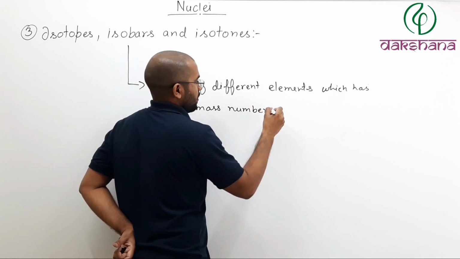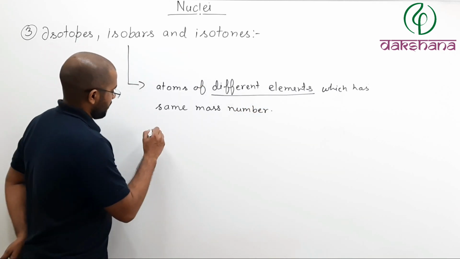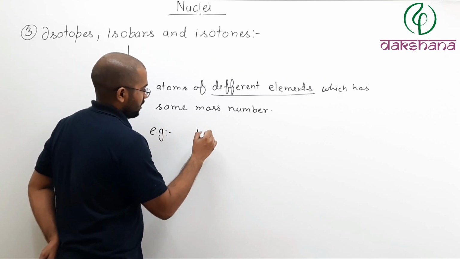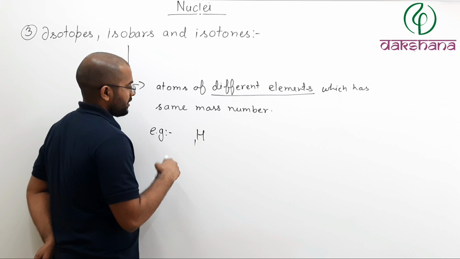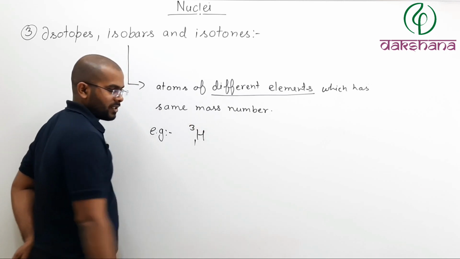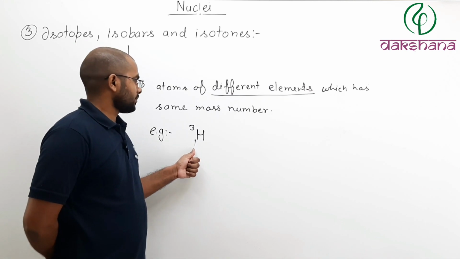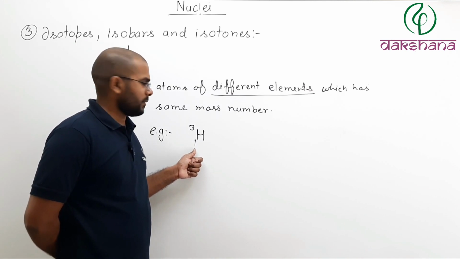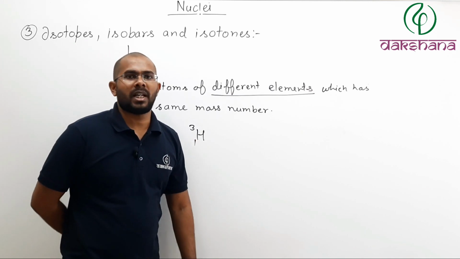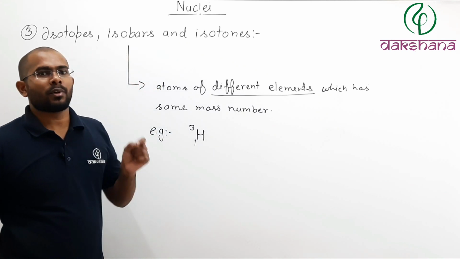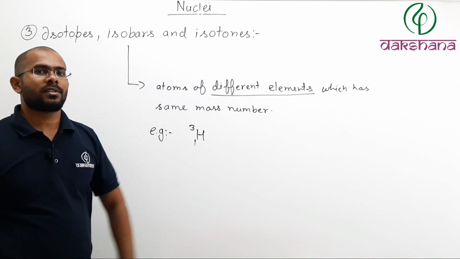So let us take an example. It is better you understand through an example. Let us write hydrogen tritium, 1H3. So in tritium hydrogen, 1 is the atomic number and 3 is the mass number. Now, mass number 3 means 1 proton plus 2 neutrons.